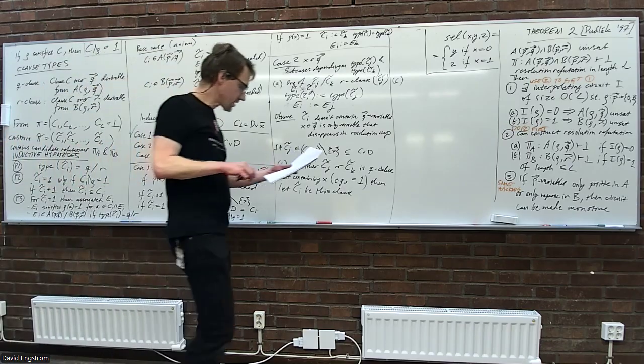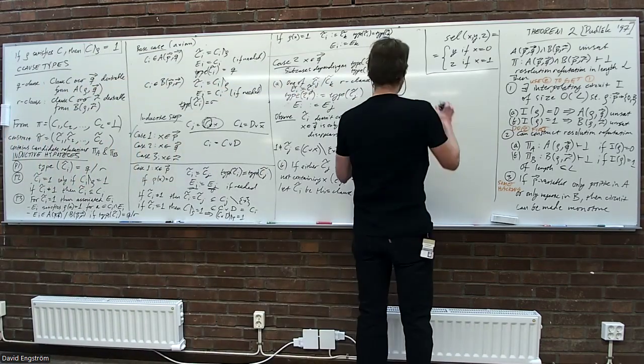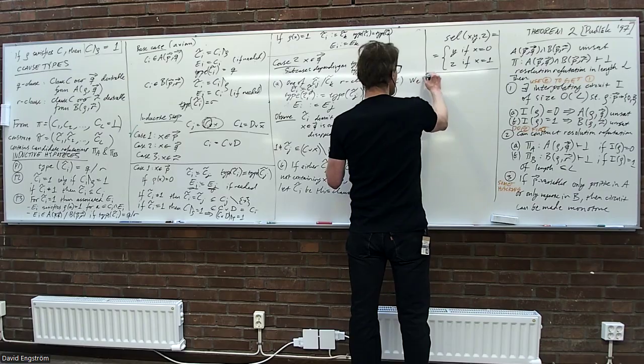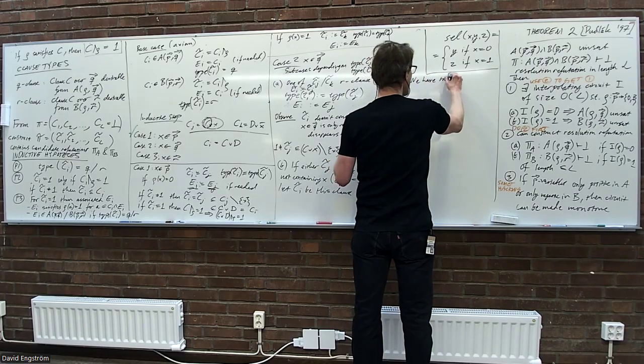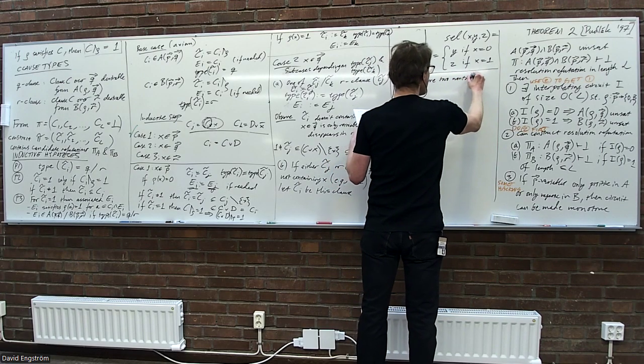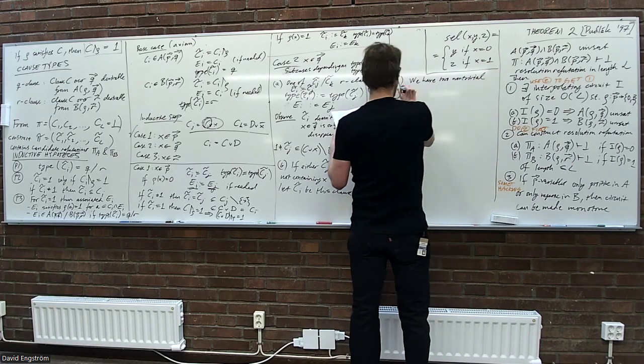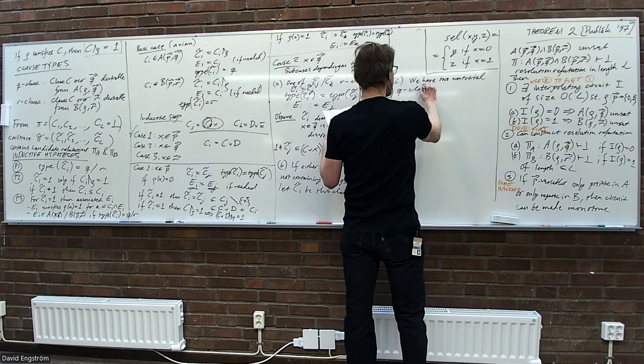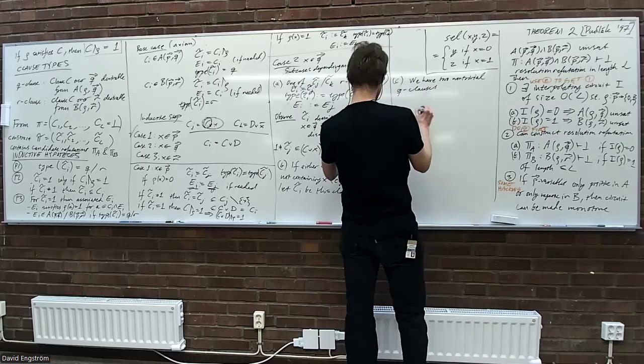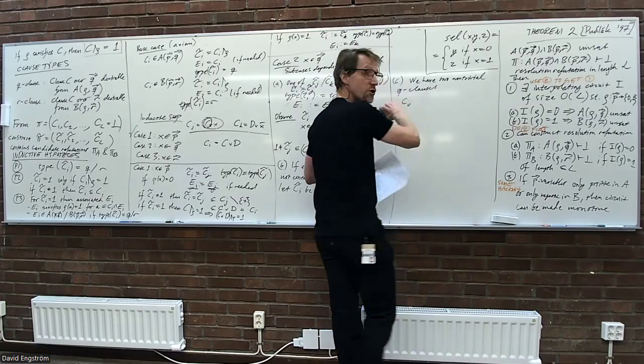So in case C, we have 2 non-trivial Q clauses. Let me write them down. Why are they Q clauses?